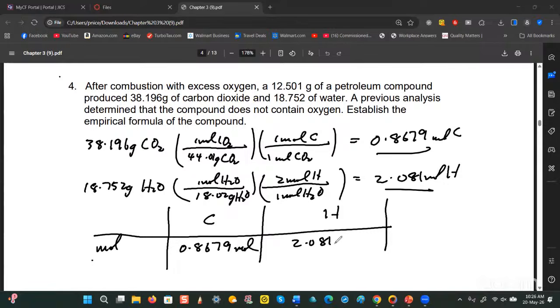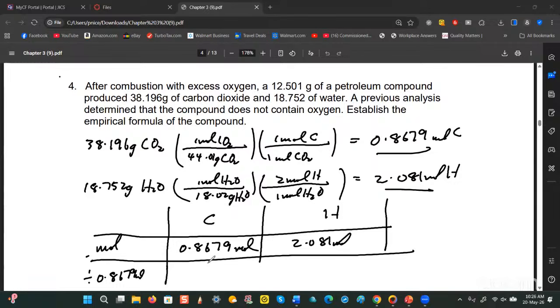And then we divide by the lowest of the 2 mole values, which would be the 0.8679 moles. So this divided by itself will give you 1, and then you're gonna have 2.081 moles divided by 0.8679 moles. So let's see what that gives. 2.081 divided by 0.8679.